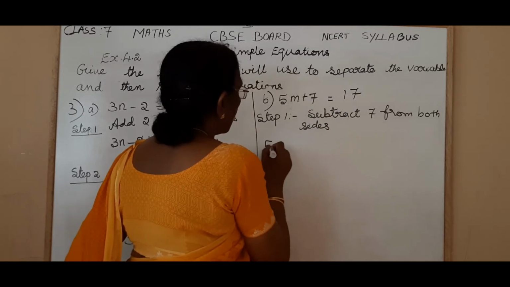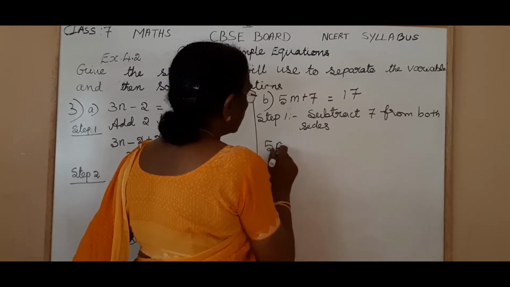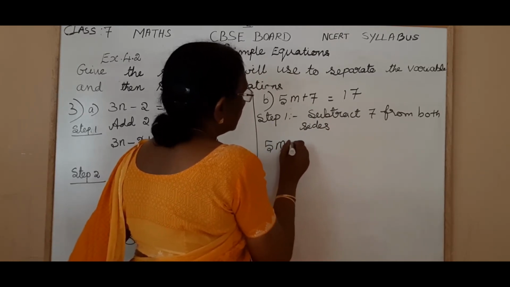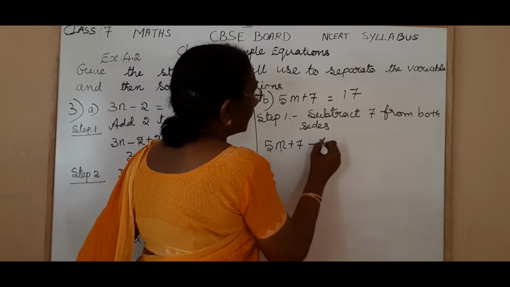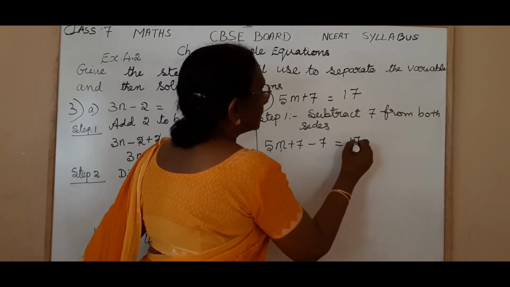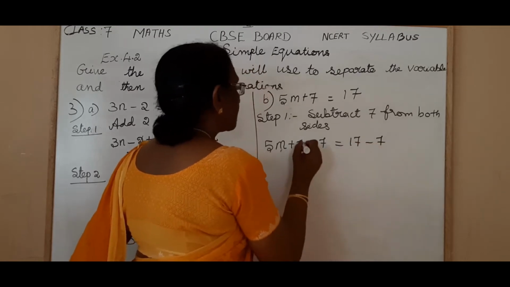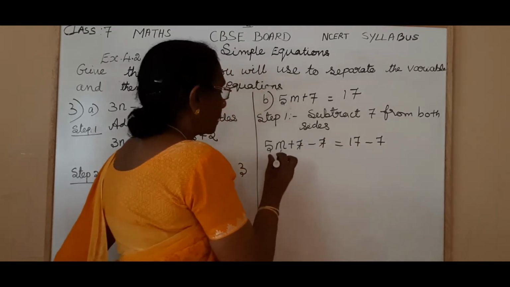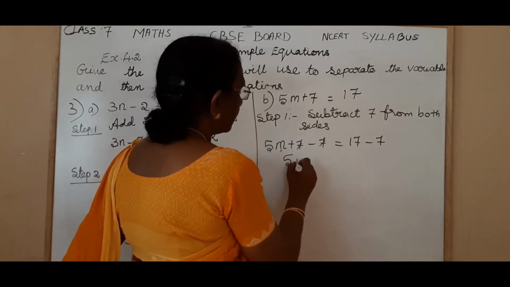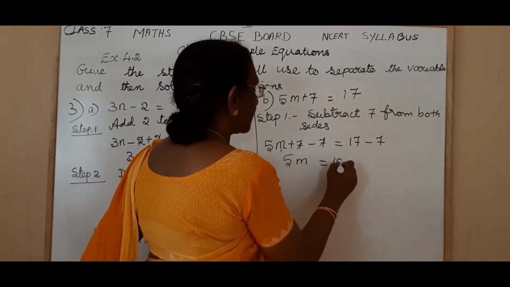So what do you get? 5m plus 7 minus 7 is equal to 17 minus 7. So 7 gets cancelled. So 5m is equal to 10.